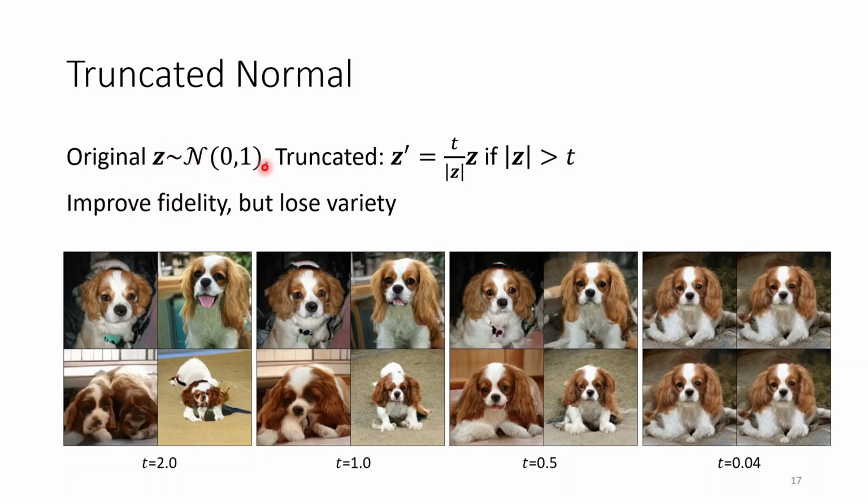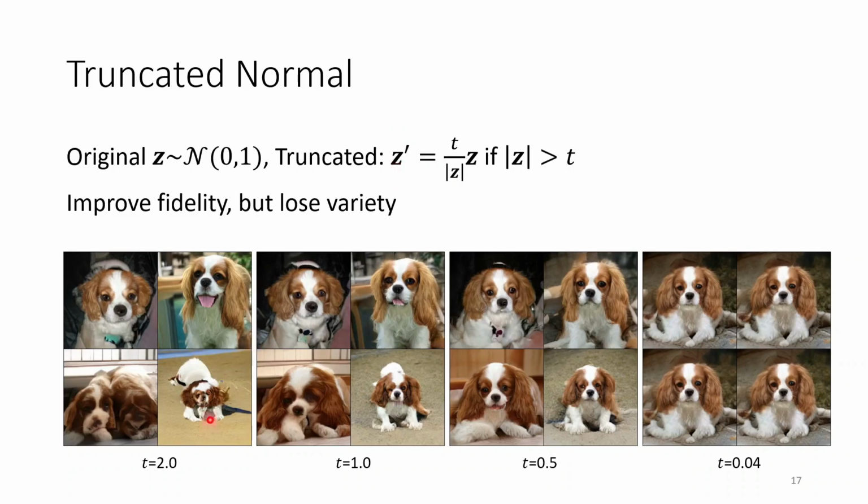But if they set a truncation value t, and I sample a noise signal z whose magnitude is greater than t, then they just shrink it to a small value. They use the truncated noise to generate the image.